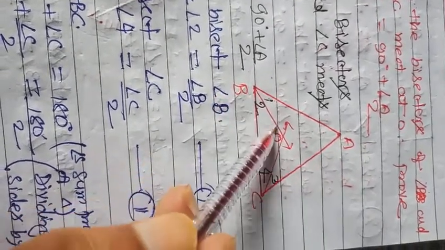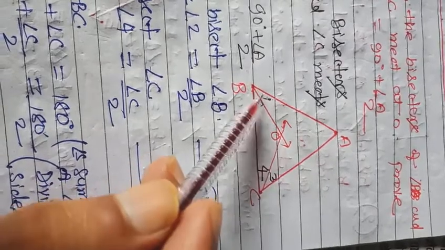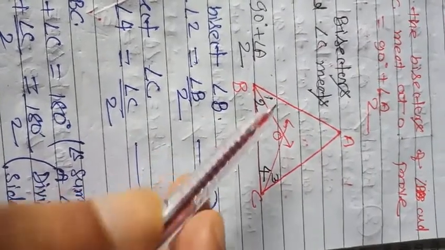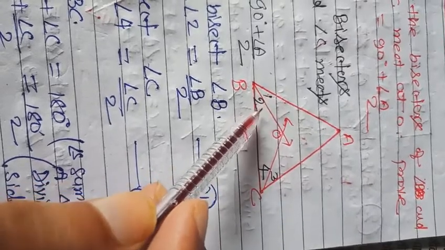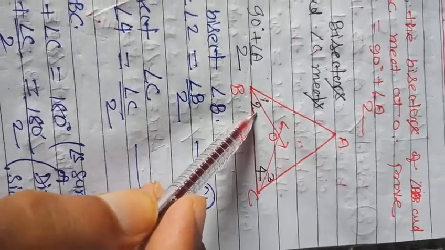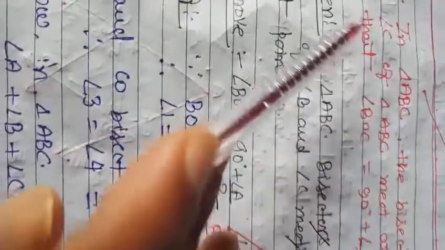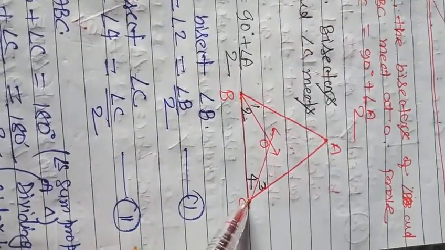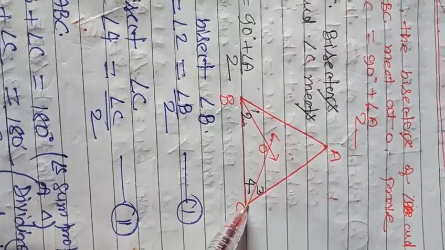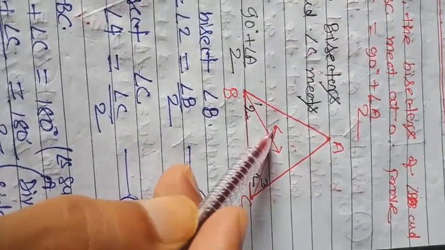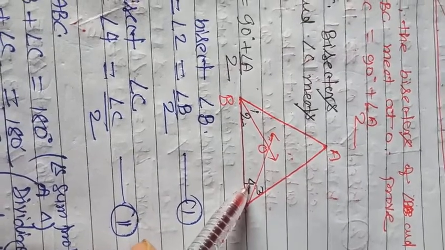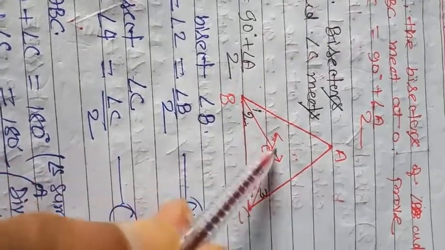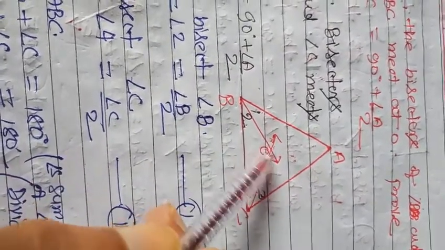Then BO bisects angle B. That means angle 1 is equal to angle 2, and angle C is divided by a ray CO. That means angle 3 is equal to angle 4, and their bisectors meet at point O.